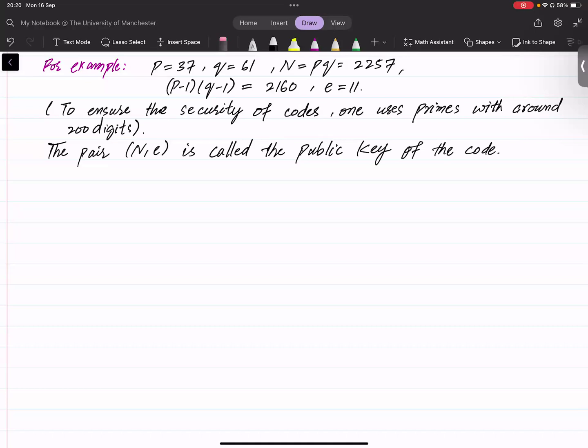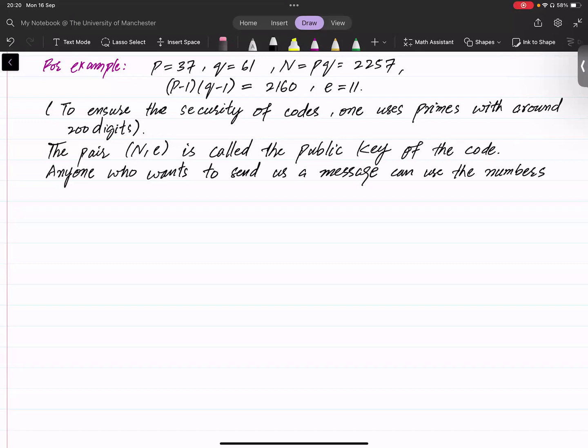Anyone who wants to send us a message can use the numbers N and E in the following way.